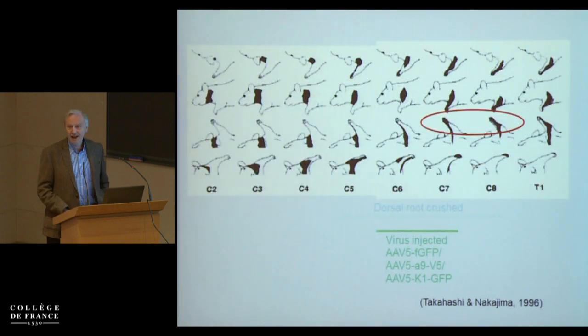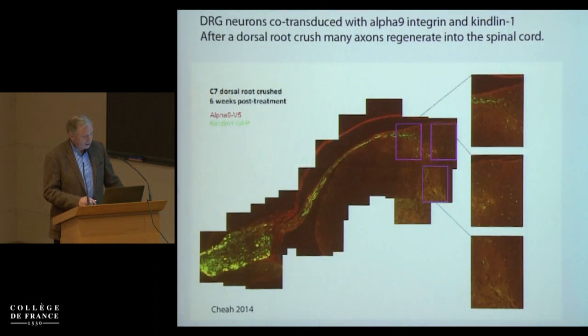So this is clearly what we had to do now in vivo. We had to express the alpha-9 integrin and kindlin-1 to activate it. And the experiment was to look at the cervical cord and to crush the dorsal roots at levels C6, 7, 8, and T1, and to inject the virus into these two spinal levels here, and then crush the dorsal root.